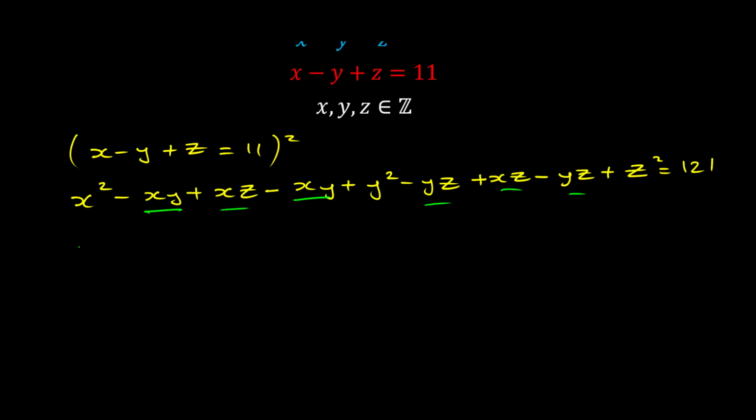So let's actually rewrite this equation by grouping the terms which I just highlighted. All right, so that would leave us with, and I'm going to write the x squared, y squared, and z squared at the front, because that was given in the original equation and that might come in handy.